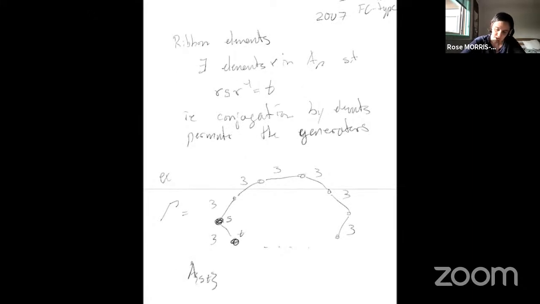Here's my parabolic subgroup, and I can conjugate this by some element, and I can get, maybe over here, A and B. So I can get the group generated by A and B. I can make this cycle as long or as big as I want.